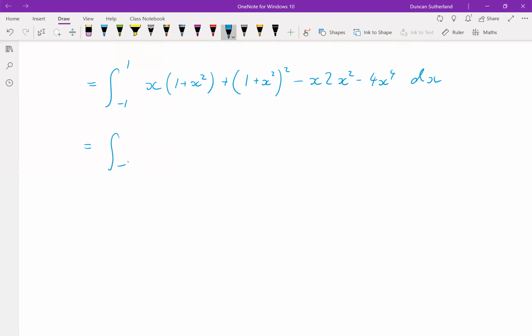You get minus 3x fourth minus x cubed plus 2x squared plus x plus 1 dx. This is still just a polynomial in x, and they're easily integrated.